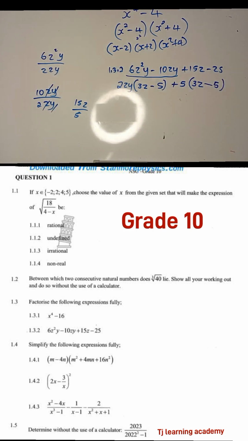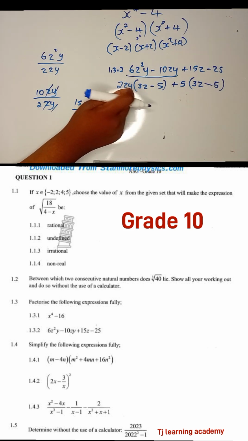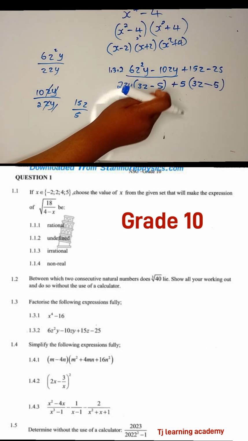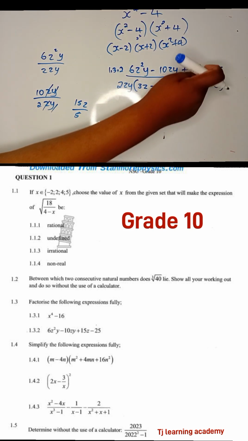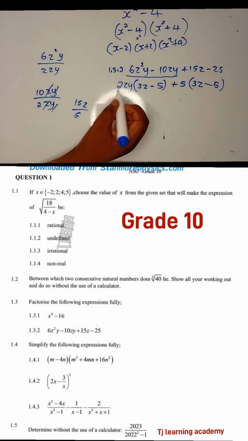To know that we have factorized correctly, you can prove this if you want to. When you multiply this by this must give you this, and this must give you this, and this and that must give you that, and what's in the brackets must be the same to ensure that we have factorized correctly.